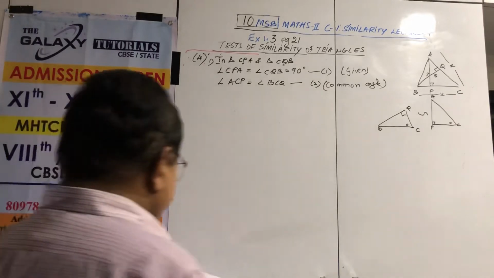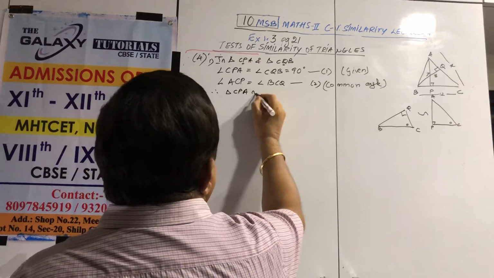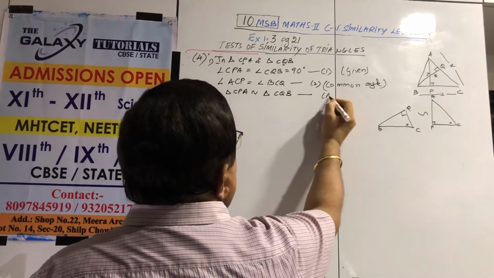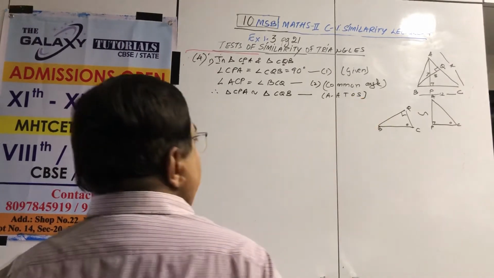Therefore, triangle CPA is similar to triangle CQB. How? A test of similarity of triangles.